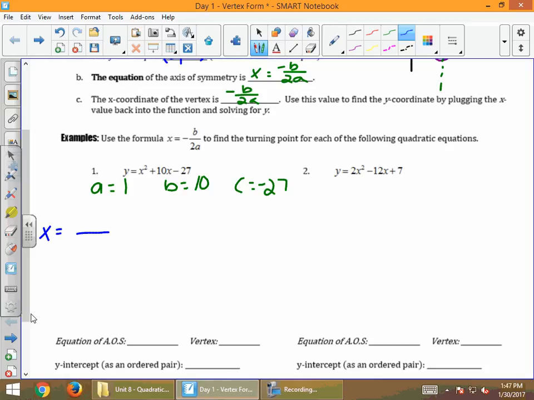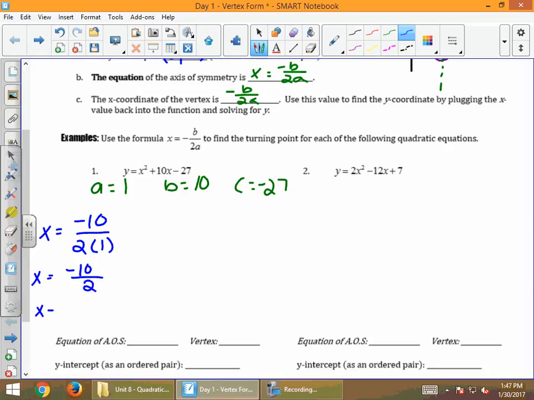What's the top going to look like if it's negative B? Negative 10, opposite of B. So this is a positive 10. When you plug it in, it's going to be negative 10. 2 times, what's our A? 1. So clean it up. 2 times 1 is 2.